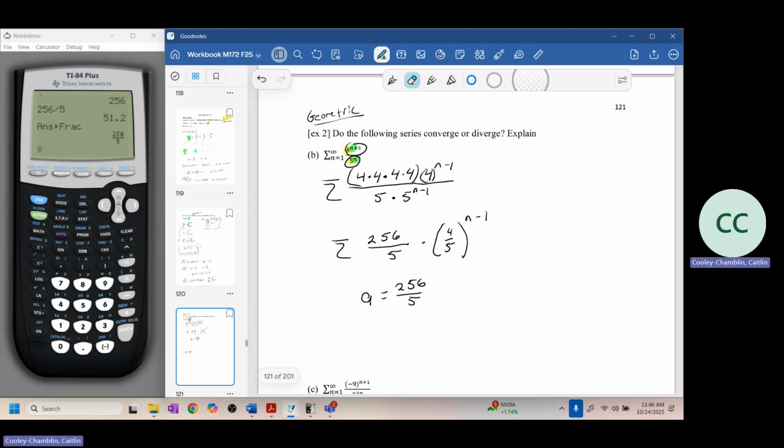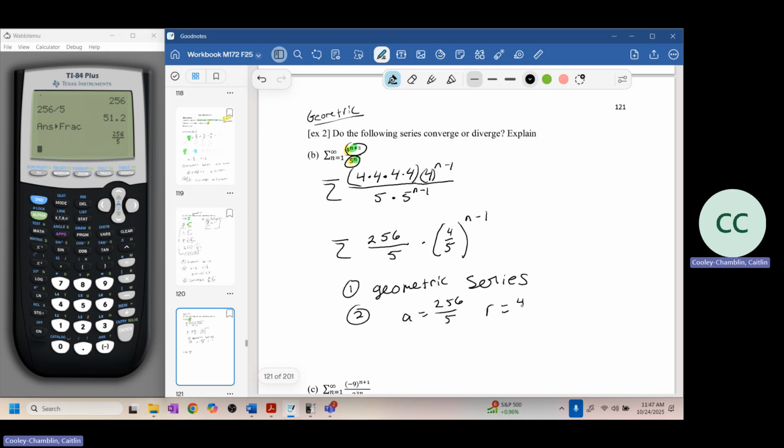Let's go ahead and write our conclusion, since I'm running out of space here. So 1, we used a geometric series. 2, A is 256 divided by 5.